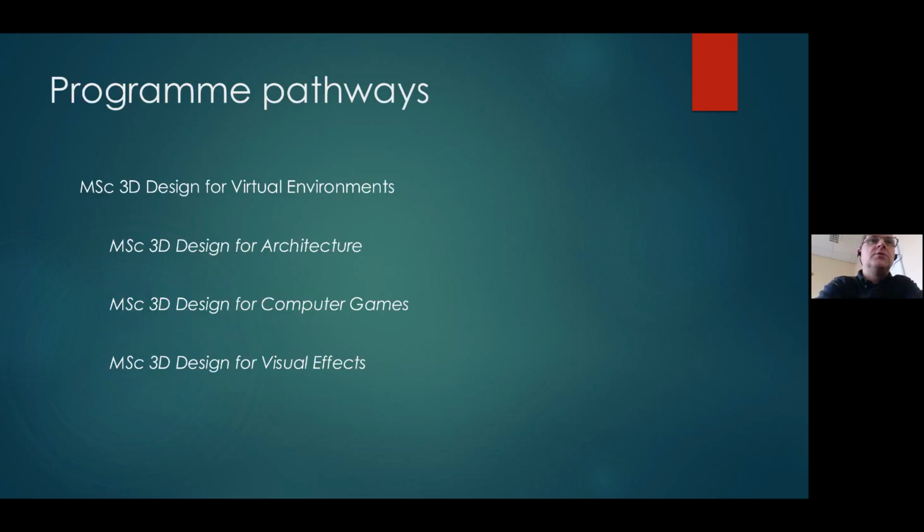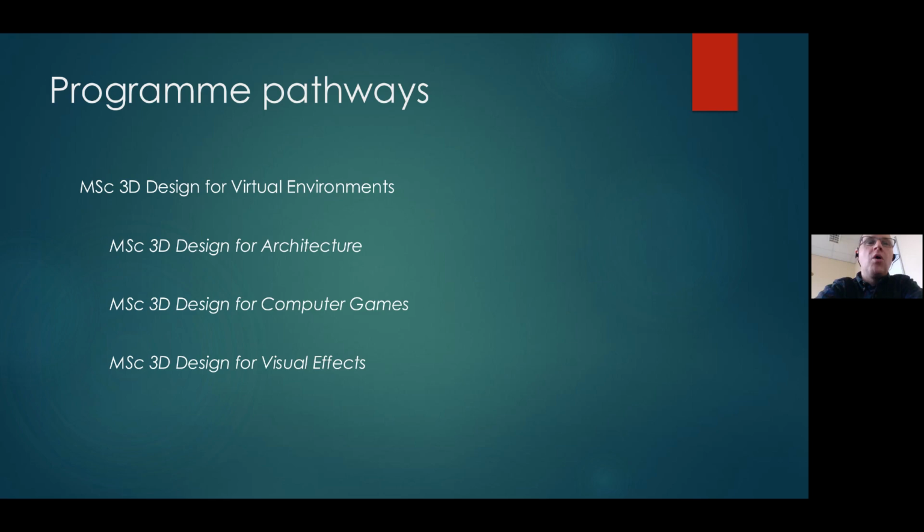So the program has this kind of overarching name that's called 3D Design for Virtual Environments, but you could also get a name on your certificate that is 3D Design for Architecture, 3D Design for Computer Games, and 3D Design for Visual Effects.